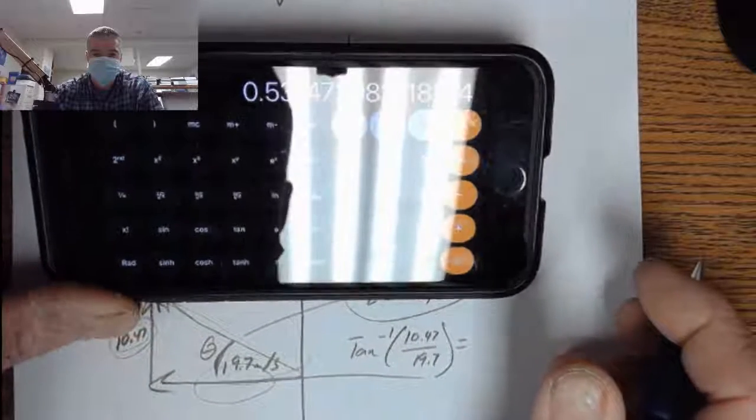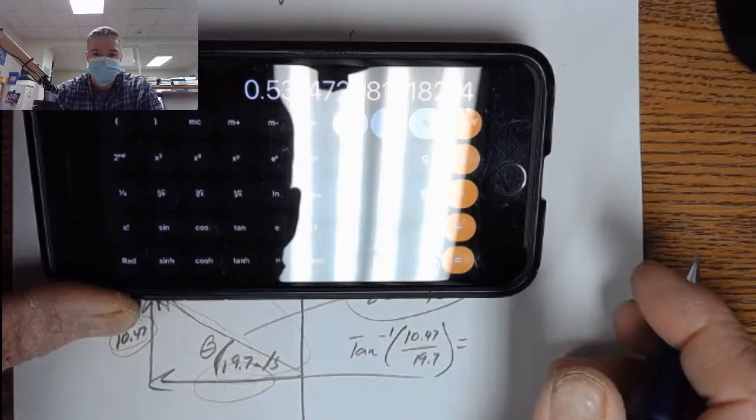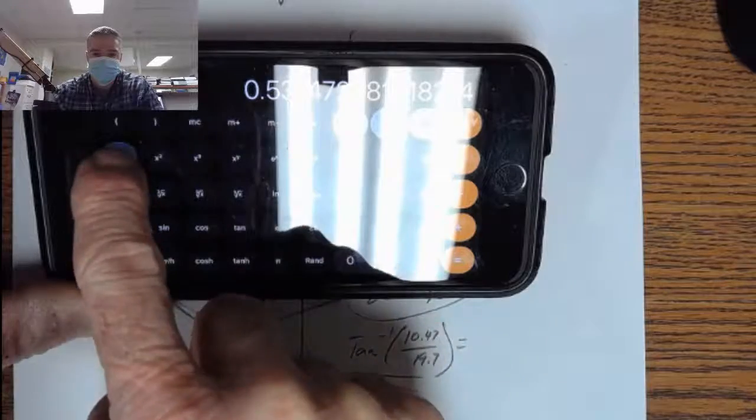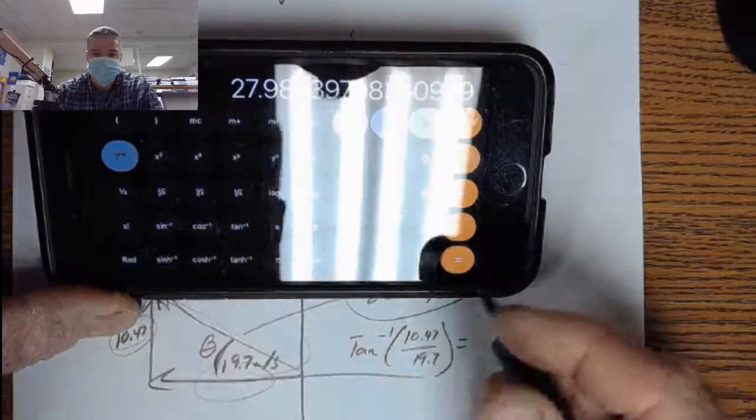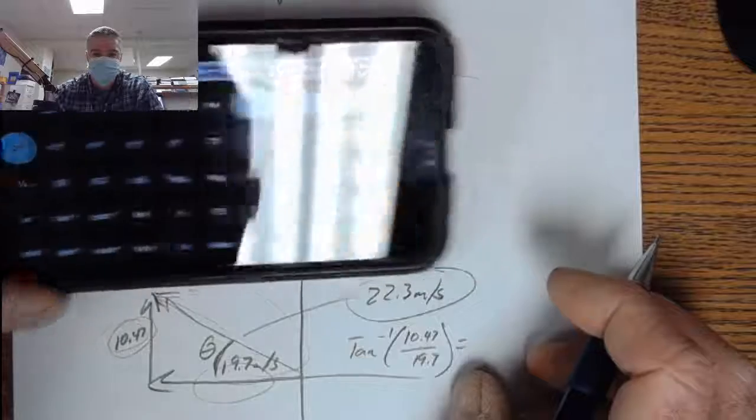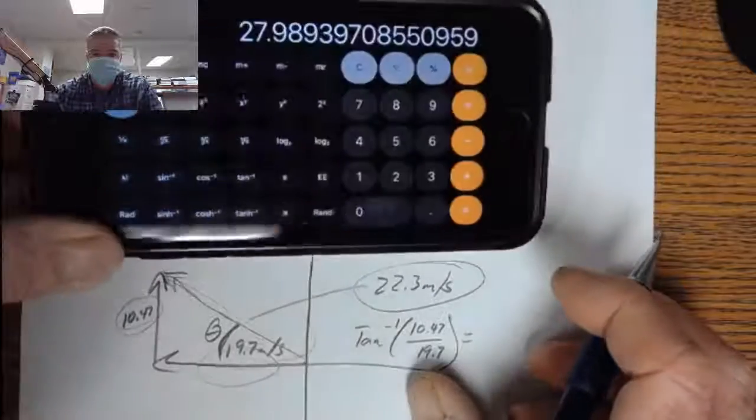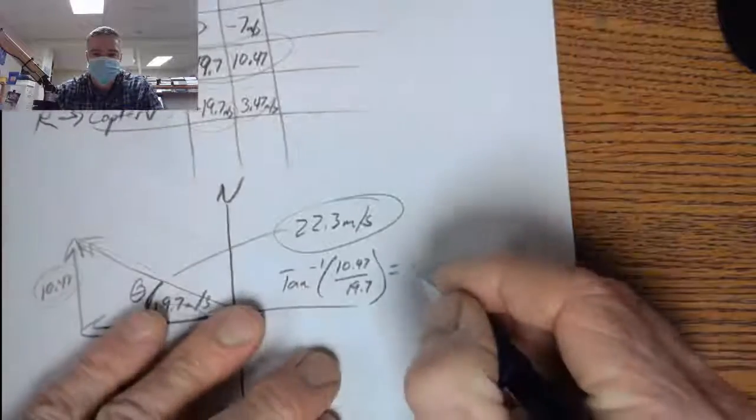So there's the tangent. Now I need to find out what angle that is associated with, and it's 27.98. So I'm just going to call it 28.0.